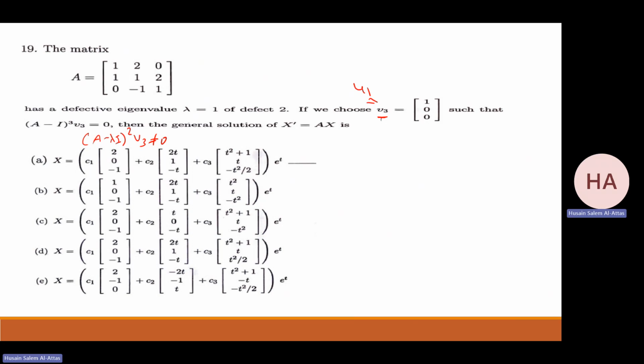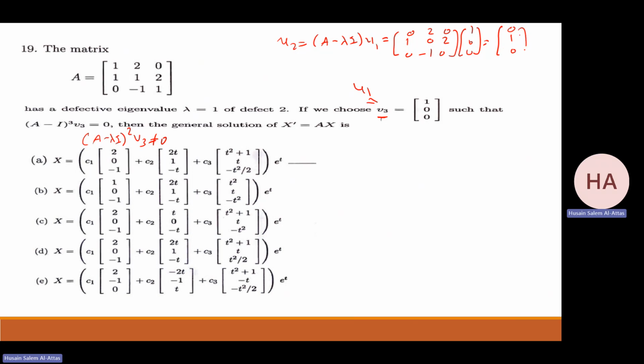So what I have, U2 will be what? Let's write the formula for U2 and U3 here. U2 equals A minus lambda I times U1, and that will be 1 minus, just a diagonal, 0, 2, 0, 1, 0, 2, 0 minus 1, 0, times 1, 0, 0. That gives me what? 0, 1, minus 1, 0.